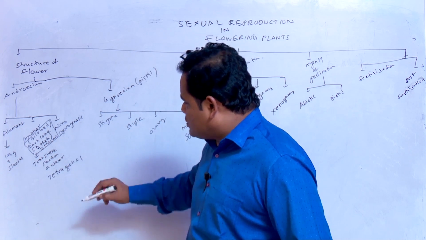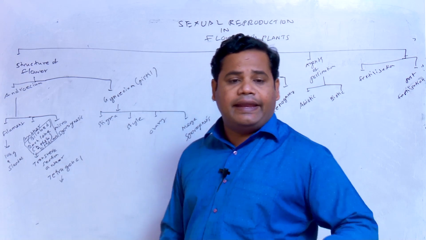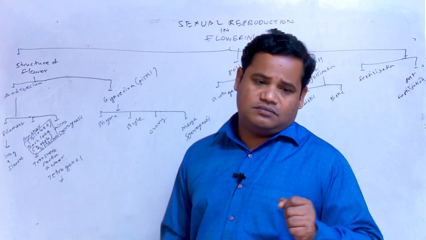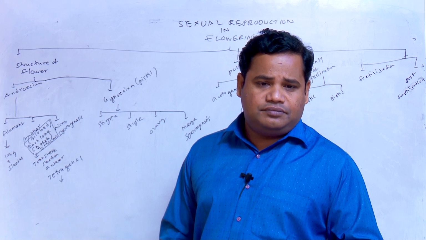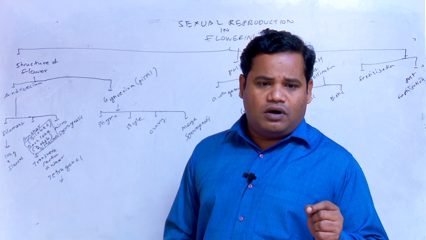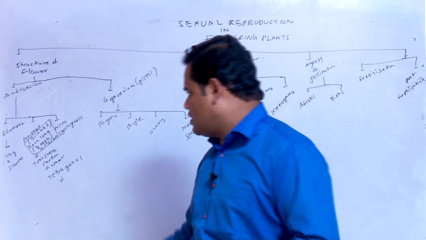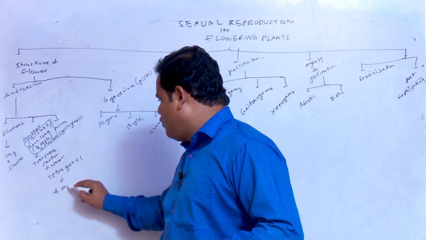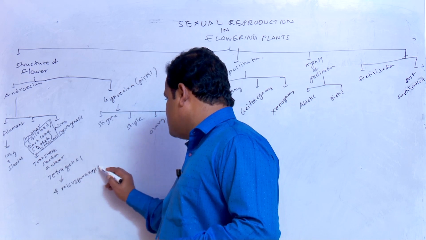So the transverse section of the anther is tetragonal in nature. This structure consists of four microsporangia. This tetragonal structure contains four microsporangia.